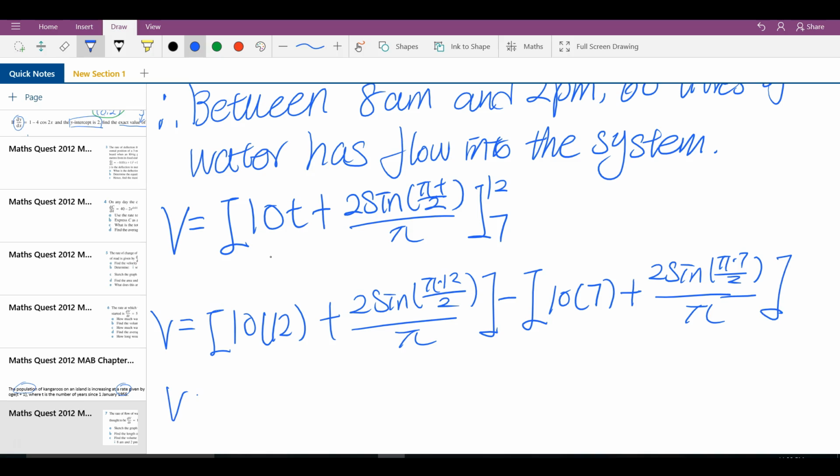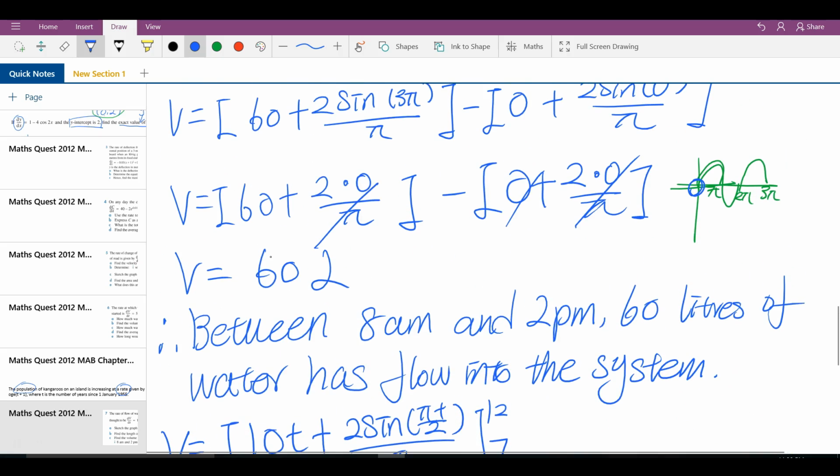So V equals 10 times 12, which is 120, plus 2. Now this becomes 6 pi, and we know from the previous diagram that all the multiples of pi give a 0 value of sine.